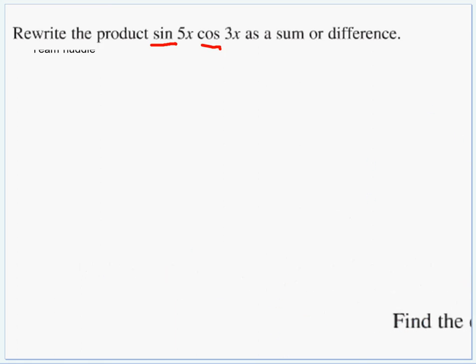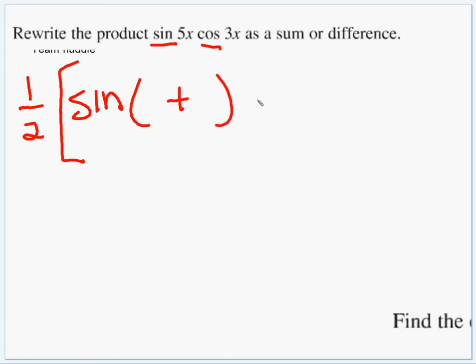All right, the first one, the sine times cos pattern. Sine times cos is going to be 1/2 sine of the sum plus the sine of the difference.